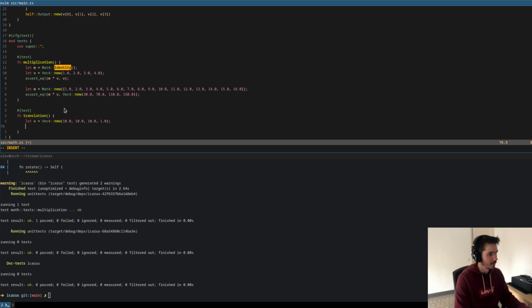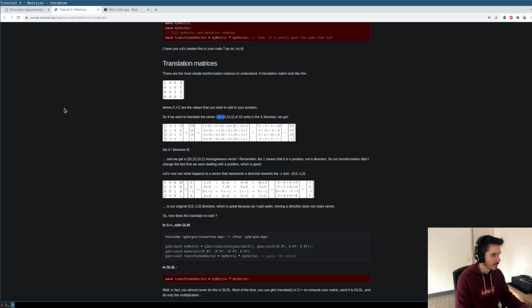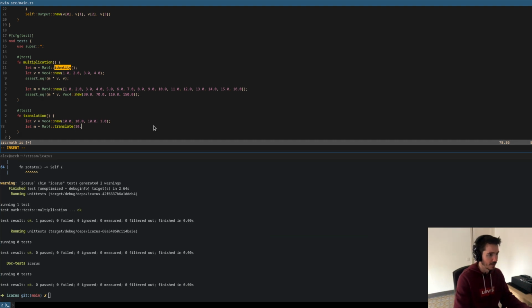And let m is equal to mat4 translate. I want to translate ten units on the x direction. So 10 for x and then 0 for the rest.